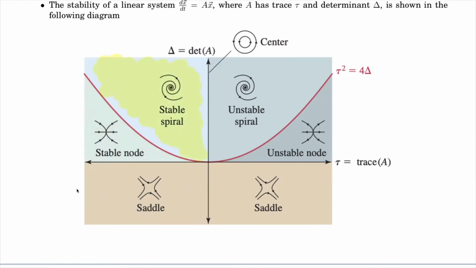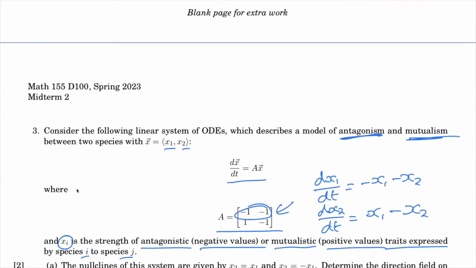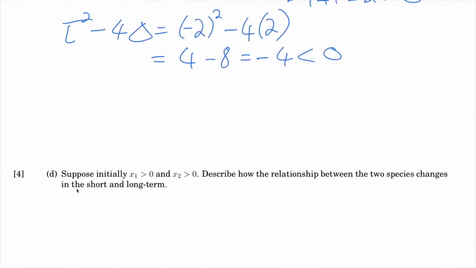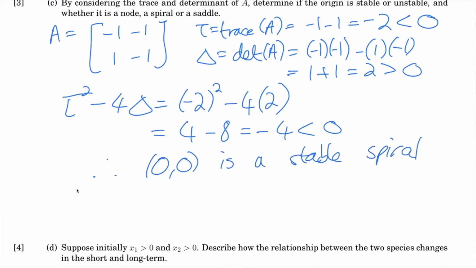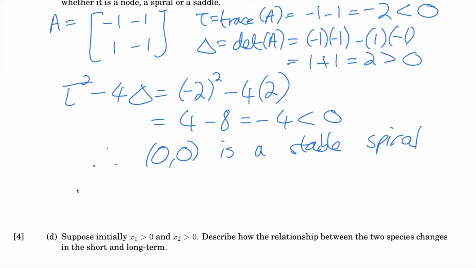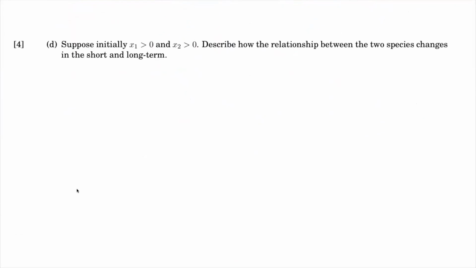So that means that we have a stable spiral. A common mistake is that people put a stable node instead. So 0, 0 is a stable spiral. I think most people managed to get this correct. This bit here indicates that we have complex eigenvalues, and when you have complex eigenvalues, it means you have some sort of oscillation.